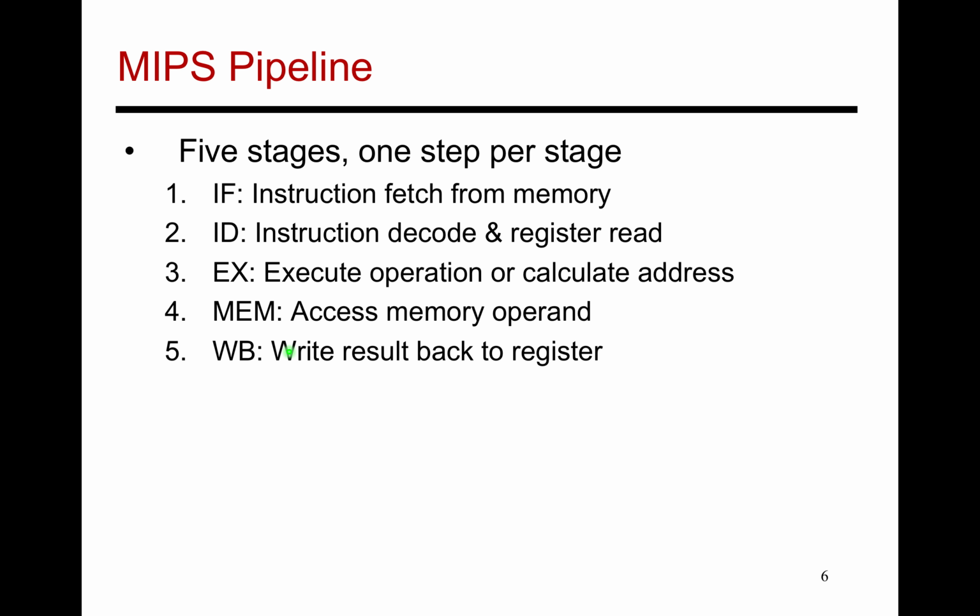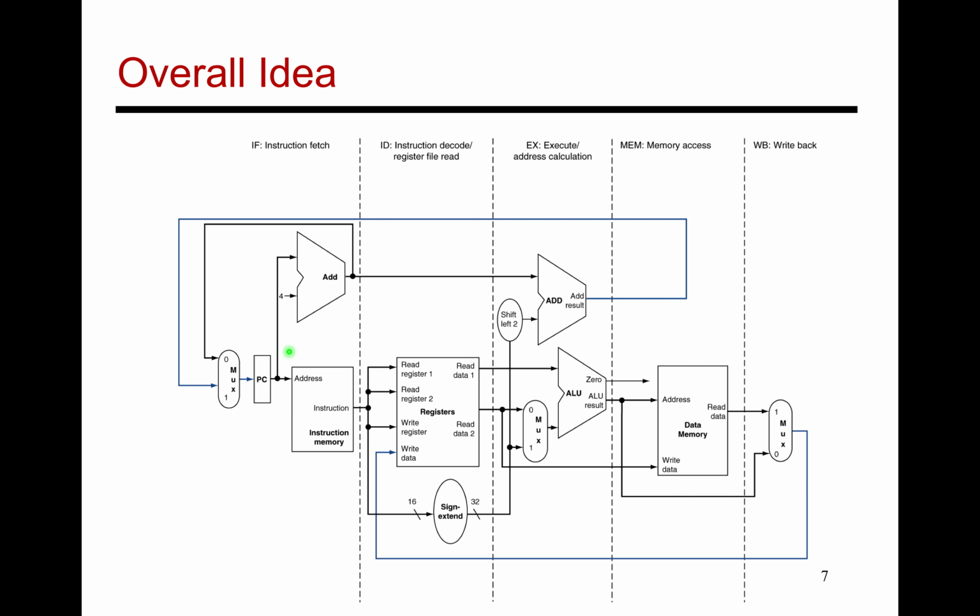So if I map these stages into the architecture that we have looked at, then this is what we get. The first stage up here is when we do instruction fetch. Then we do instruction decode and register access, accessing these registers in the next cycle.